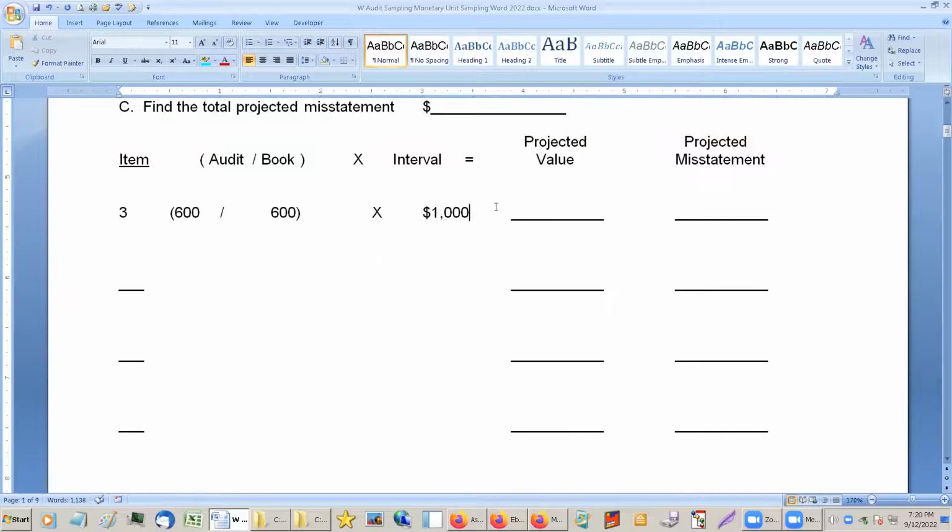And that would give us a projected value of, well, 600 over 600 is just 1, so this will just be 1,000. And that's the entire interval, so there is no projected misstatement because everything's fine with that one.